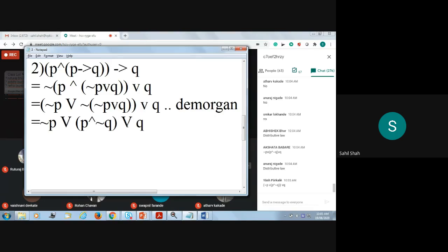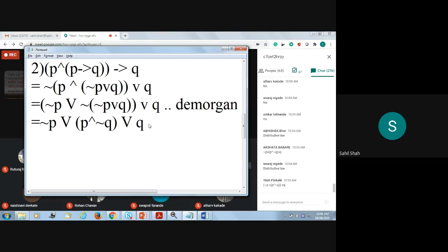If the connector disjunction is present, you may write it like this, and it is expected that the outside brace should be removed. We can observe that it is a disjunction of fundamental conjunctions or literals. Negation P is a literal, Q is a literal, while P conjunction negation Q is a fundamental conjunction, and the disjunction symbol is present outside the bracket.